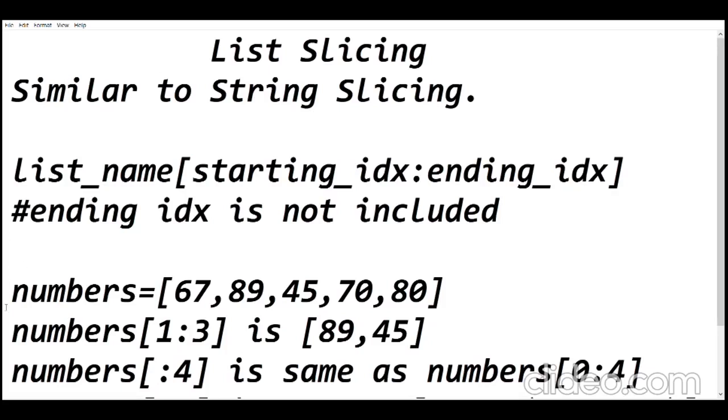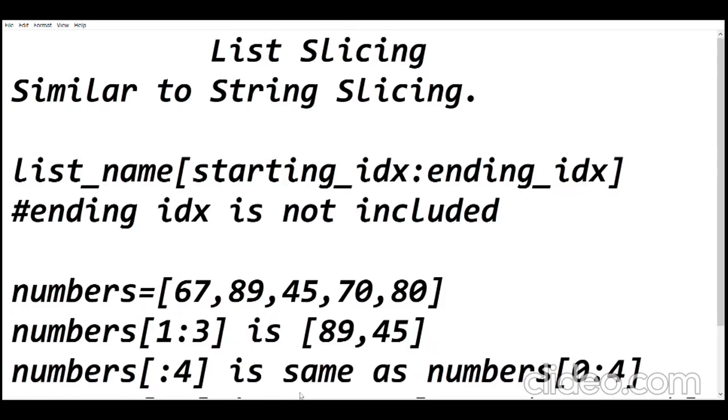The syntax of list slicing is the list name, and inside the square brackets we write the starting index from where we want to start our slicing, then colon, and then the ending index, up to which index we want to stop our slicing. The ending index is not included, just like string slicing.